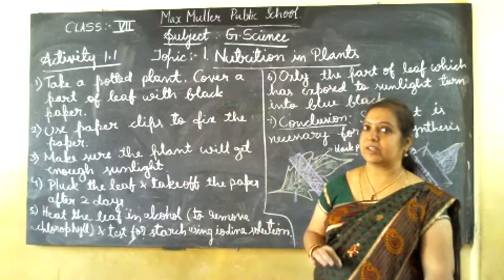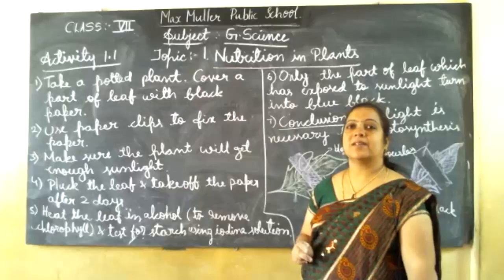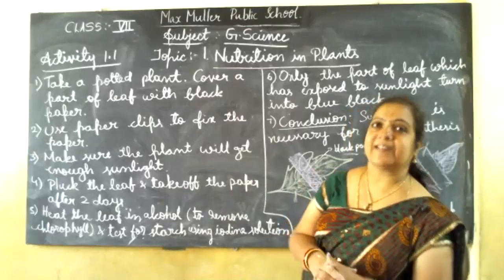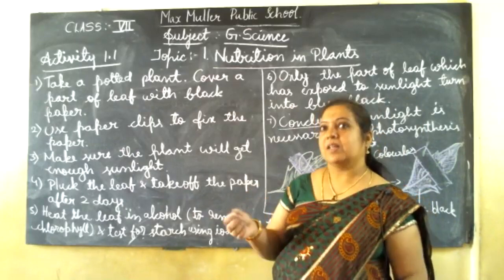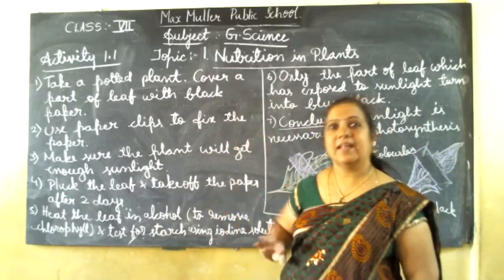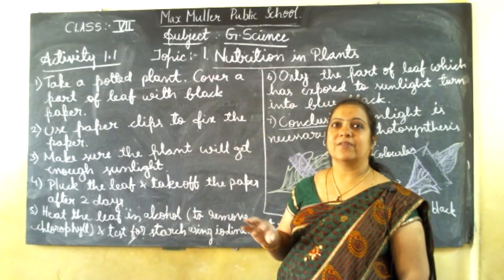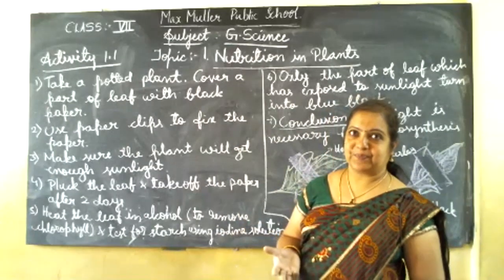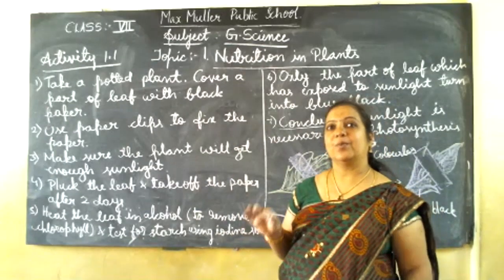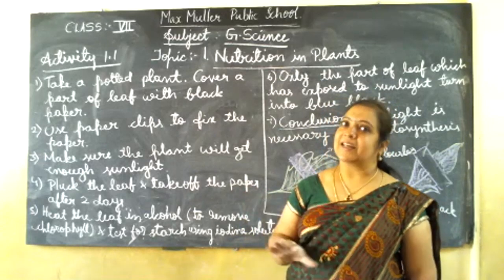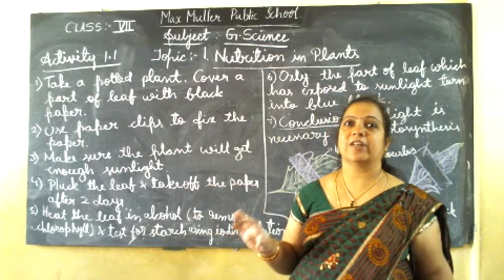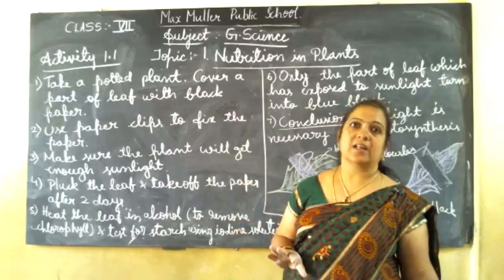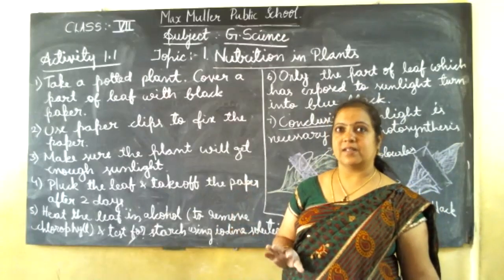By adding iodine solution. Iodine solution is a chemical we get in the laboratory, in liquid form. If you pour it on a green leaf, it will turn blue-black if there is starch. If it is not turning, there is no food, no starch, in the leaf. That is how we have to understand it.